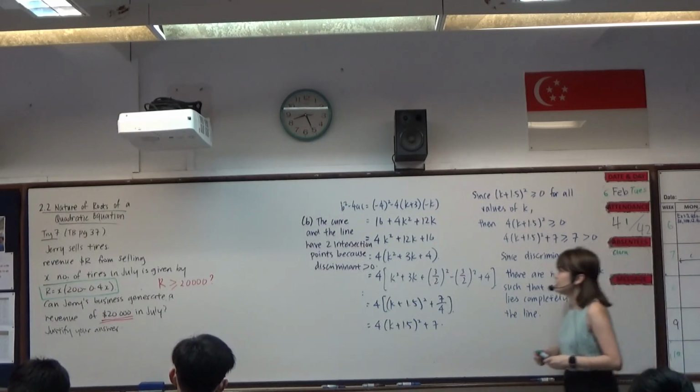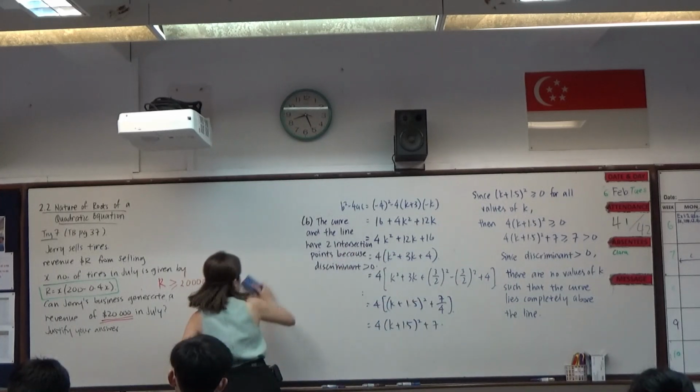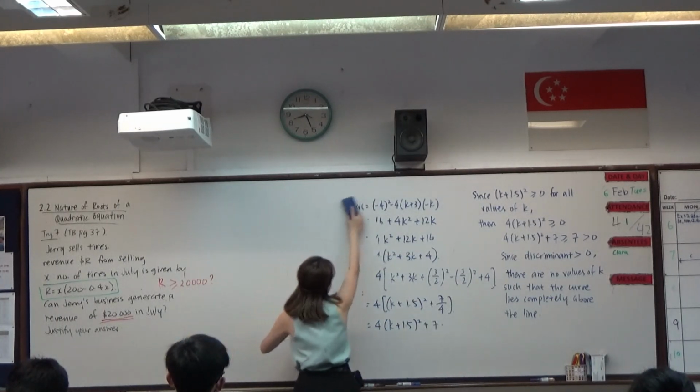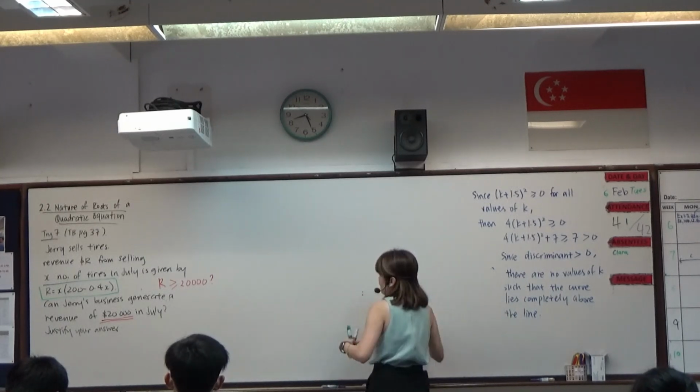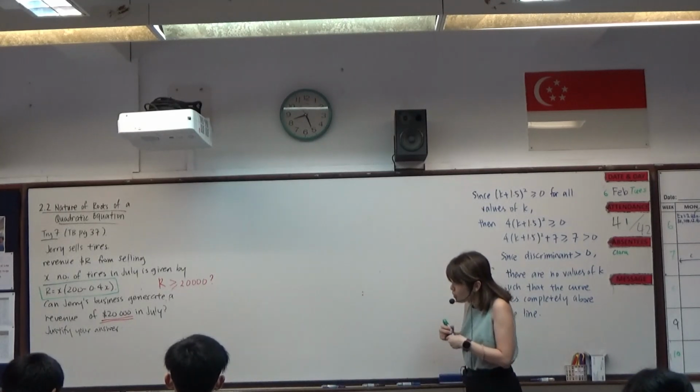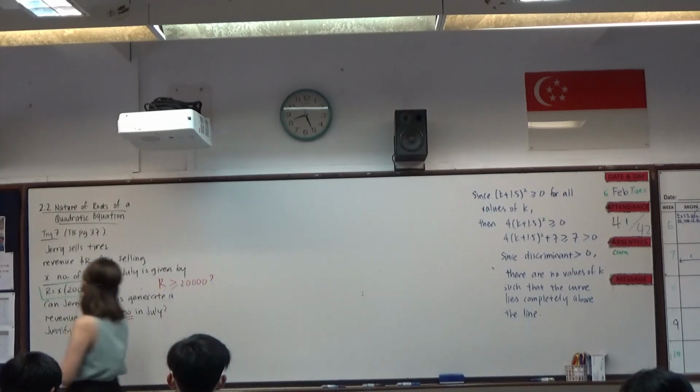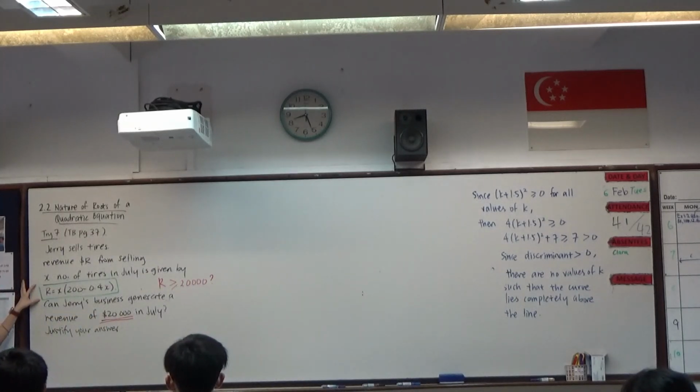Sorry, I think we got slightly away from what I initially planned. We were trying to check whether this revenue is going to be more than or equal to $20,000 or not.